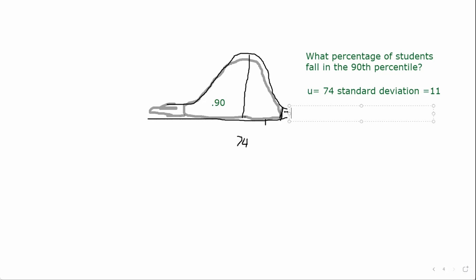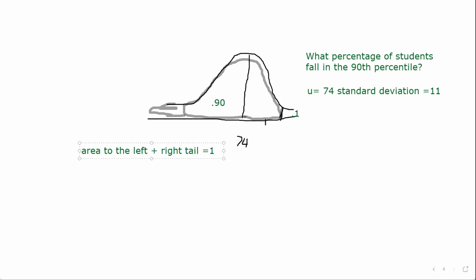This is an instance where you would find the inverse. You would subtract it, because that's how I got this. If you've been in class, you've seen this. You'll see her write stuff like the area to the left plus the right tail equals 1.